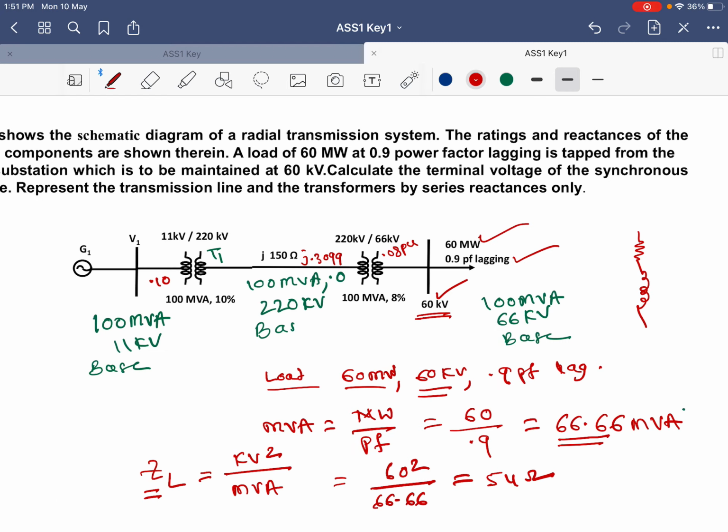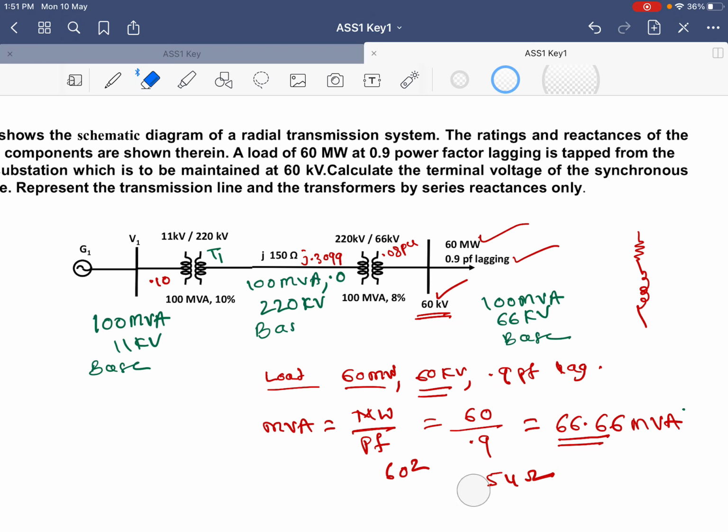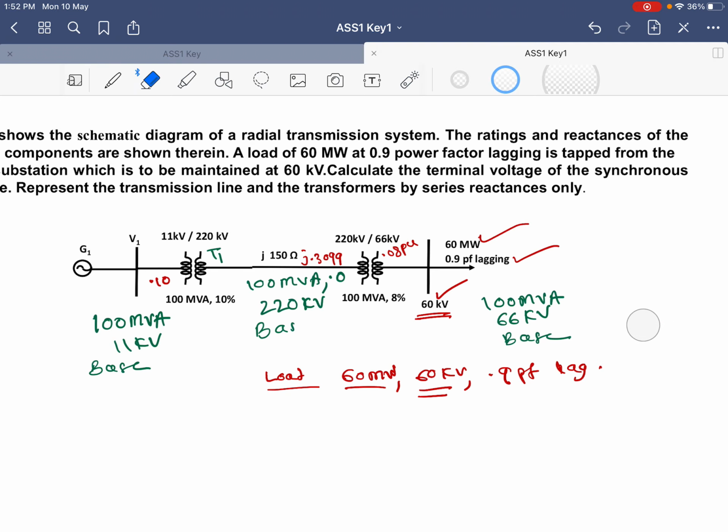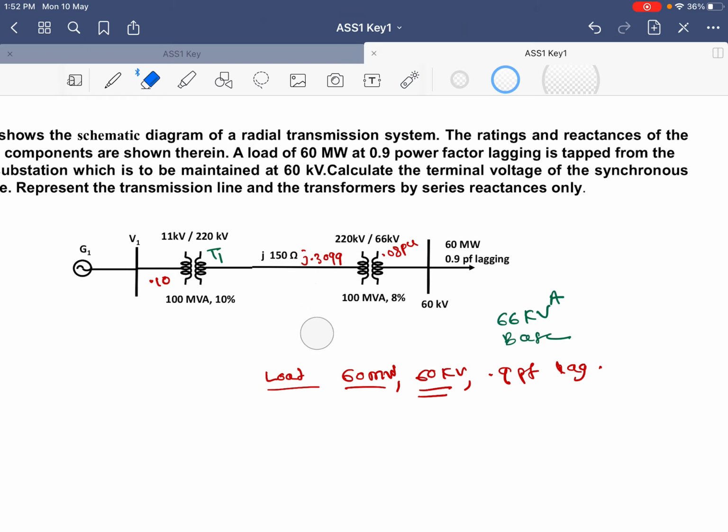Next, I calculated here the MVA of the load, 66, and the load impedance. This I'll rub off, let it be, I will write later on.